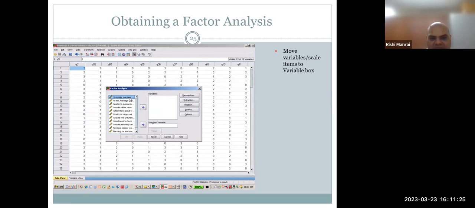Once we select this, we press this arrow, which directs from the left column to the right column. All those items in the left column which we want to get factor analyzed will be moved towards the right column. So we move variables or scale items to the variable box. The right-hand side of the slide will tell you what we are trying to do, right?